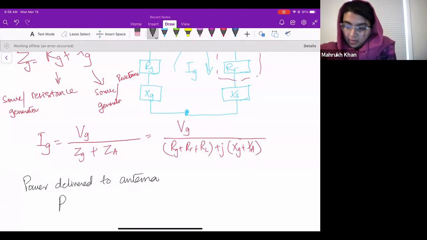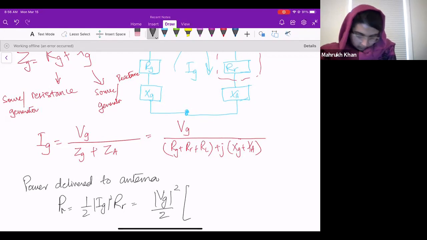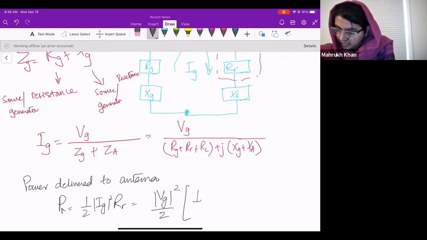So the only useful power that is radiated is through RR. So you will write the magnitude of this.